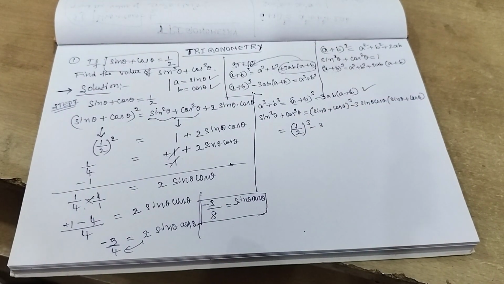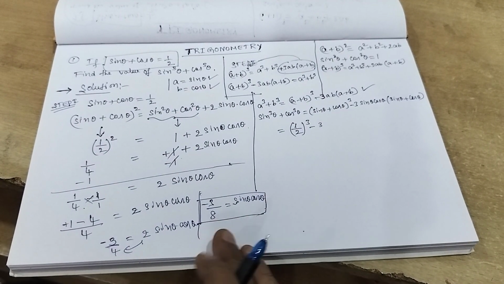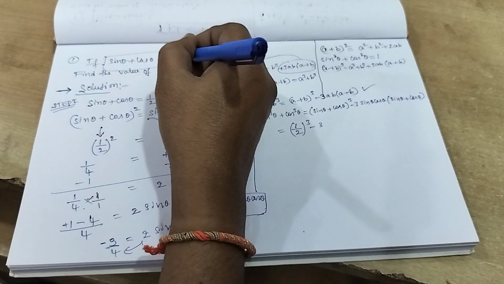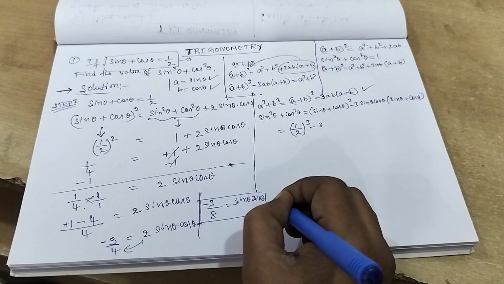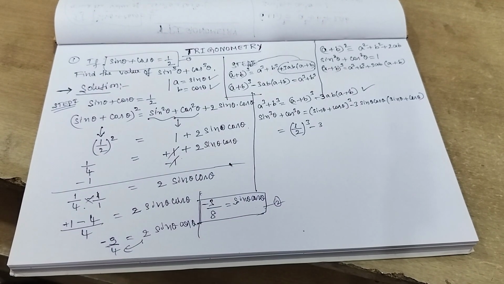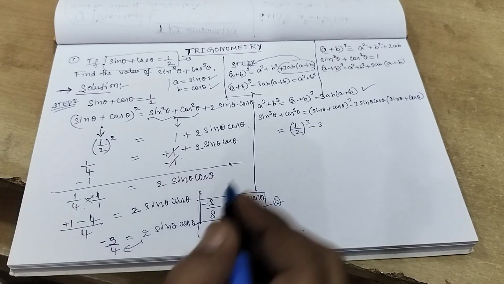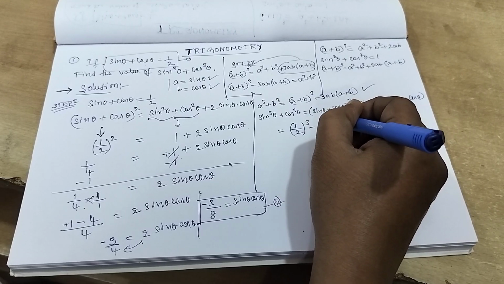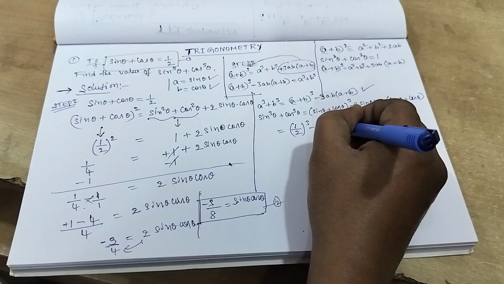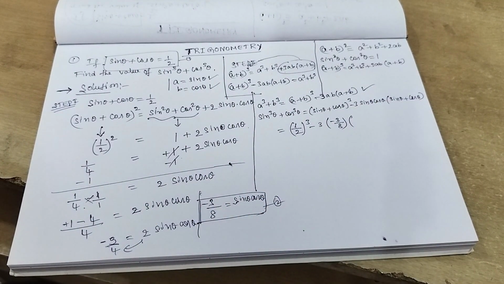I wrote 3 sine theta cos theta as it is, and we already have the value of sine theta cos theta here. You can call this equation number 1 in the beginning, and this is 2. So now I'm going to take the second equation, that sine theta cos theta is nothing but the value minus 3 by 8. So after writing 3, start the parenthesis of the bracket, so minus 3 by 8, then one more parenthesis of the bracket you have to start.